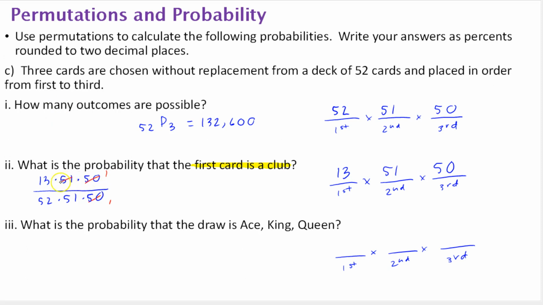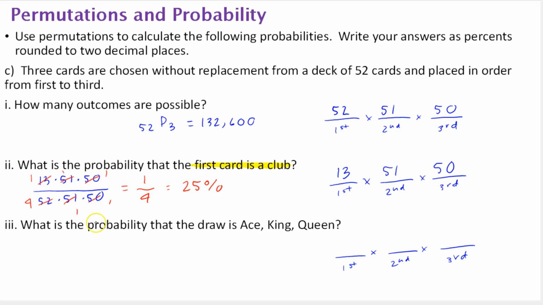The 50s cancel, the 51s cancel. 13 divided by 52, you should remember they each have a factor of 13, and this should look familiar. So we have 1/4, which is 25%. So 1/4 of the possible outcomes will start with a club because 1/4 of the cards are clubs.